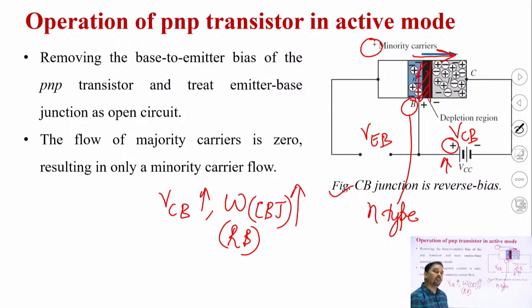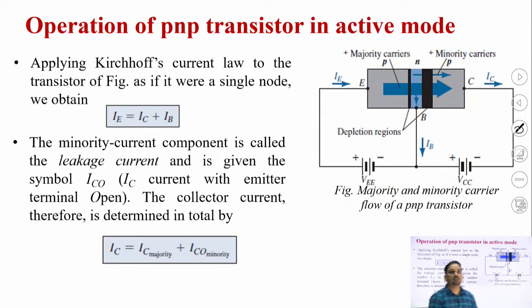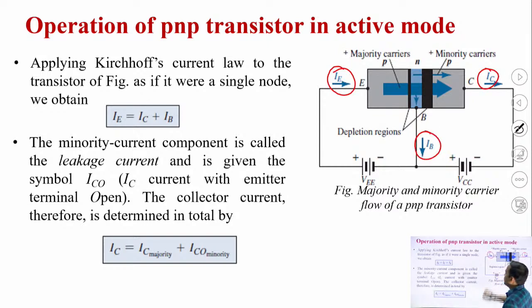So if we combine both the effects, the emitter base and the collector base terminal, we can see here that we have three different currents. First is the emitter current, next is the collector current, and then the base current. We can clearly see here that we have a broad arrow which shows the majority current, and a narrow arrow which shows the minority current.